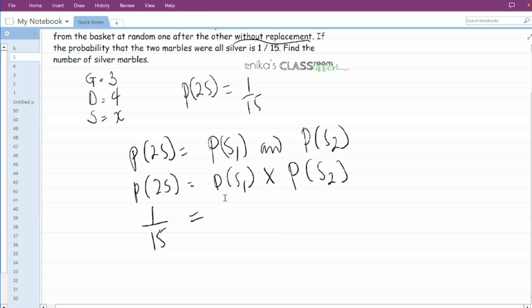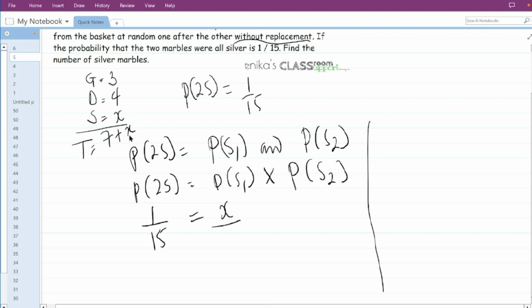For the first one, the probability of the first silver ball is the total number of silver balls, which is X, over the total number of balls. The total number of balls we have here is 3 plus 4 plus X, which is 7 plus X. This is like algebra.